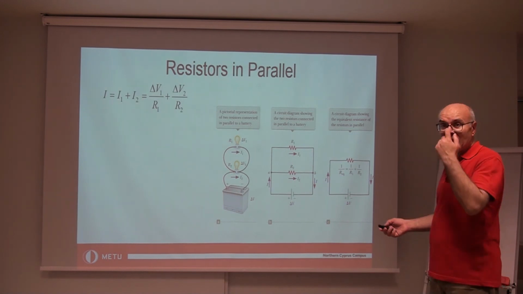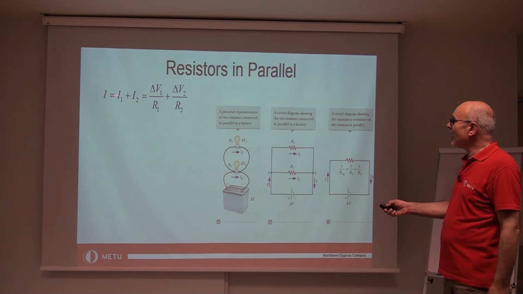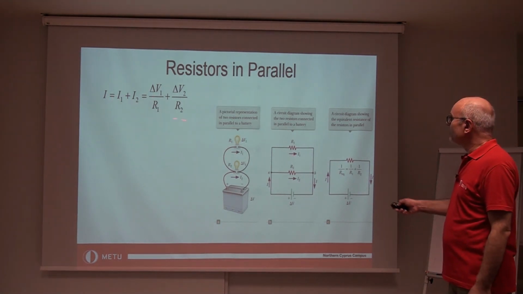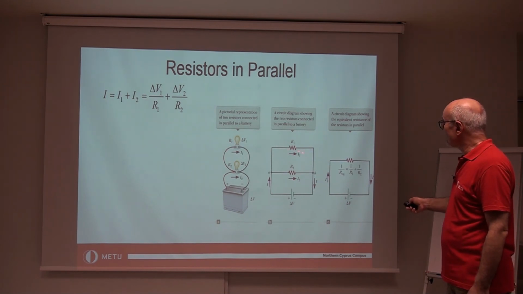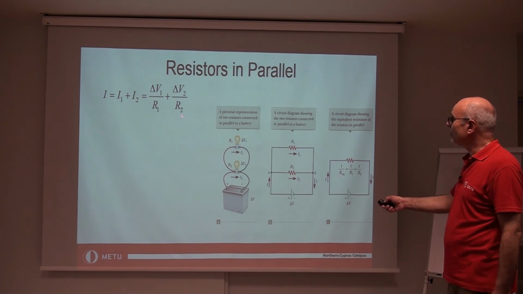So let's derive this expression. Well, the first thing is I equals I1 plus I2. And I1, the current through this, is equal to delta V, because delta V is the same across this, over R1, plus the second current, delta V over R2.